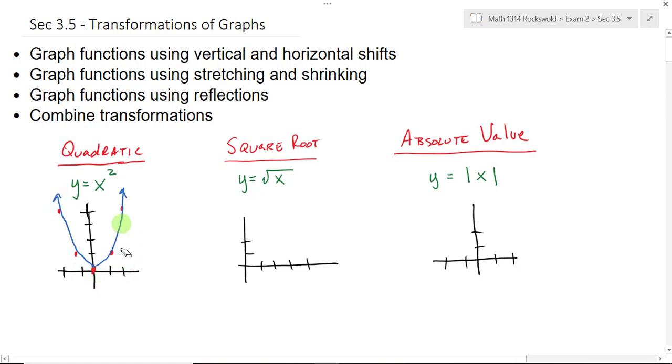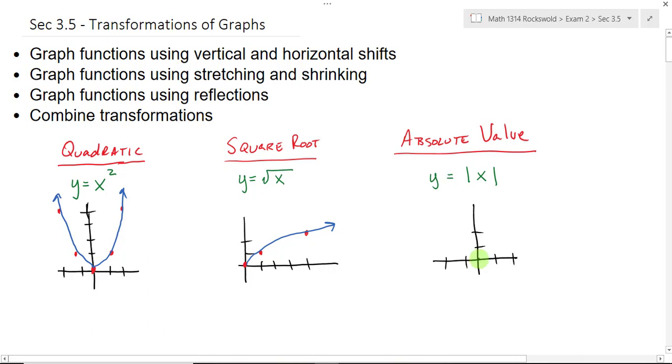These points that I've got highlighted in red are the points that we will be transforming when we graph using transformations. For the square root function, the square root of 0 is 0, the square root of 1 is 1, the square root of 4 is 2, and that gives us some points that we can transform. And if we connect those points with the curve, this is what the graph of the square root function looks like.